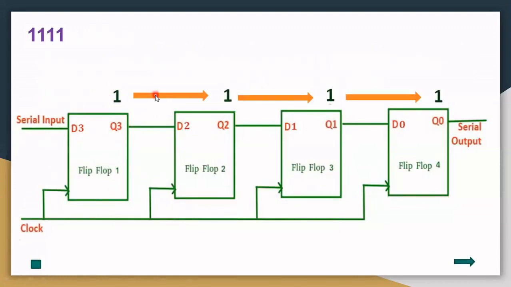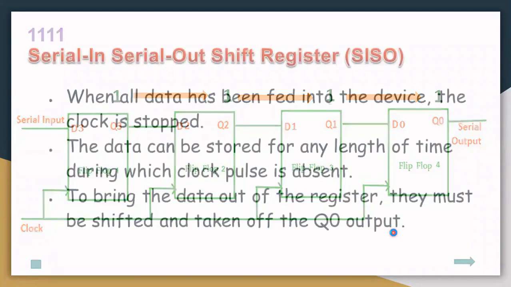Therefore, all the data will be entered here. In order to get the output, we have to give clock pulses one by one. After the fifth clock pulse, we can get this 1 from Q0, and after each clock pulse, we will get the next significant bits.